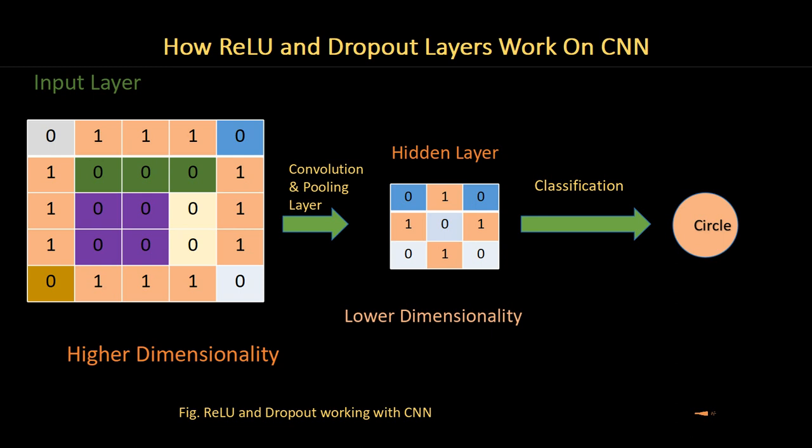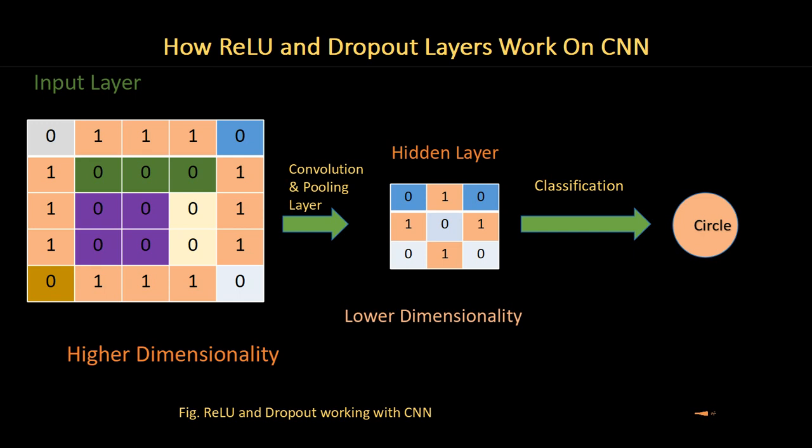Don't look at the output, just listen carefully. This is the bigger circle, and after implementing convolution, pooling, or other activation functions, we are getting a smaller one. It also compresses the size of the real input, downsampling it. So here we have higher dimensionality and then lower dimensionality, and then the output is a circle, right?